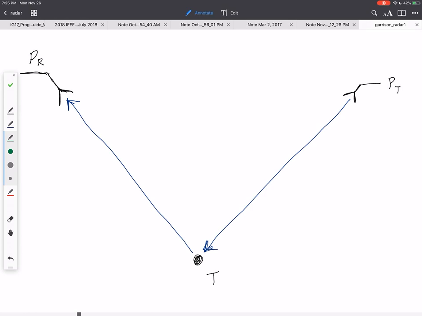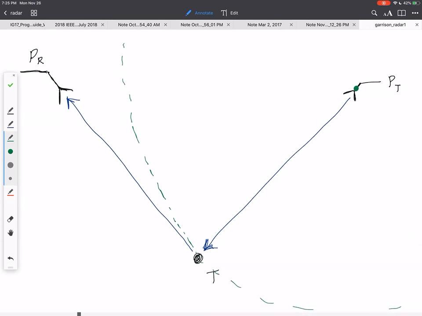And if you remember what we did in the communications link budget, we said, well, I have so much power being generated at the transmitter. All of it, if I draw this imaginary sphere around the transmitter that goes through my target at some distance, the area of that sphere is, and I'm not going to define a new symbol, I'm just going to write, the area is 4 pi RT squared.